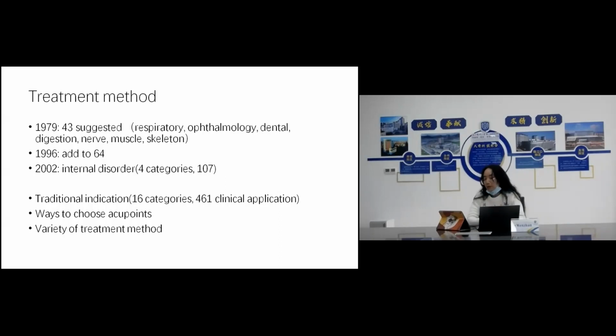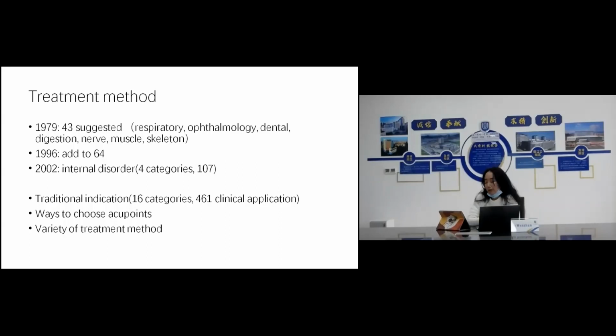And in 2002, the WHO found that acupuncture is also official for some internal disorders, including 4 categories and 107 kinds of diseases: internal disease, traumatology, gynecology, and pediatrics. But other kinds of disease remain to be proven effective.